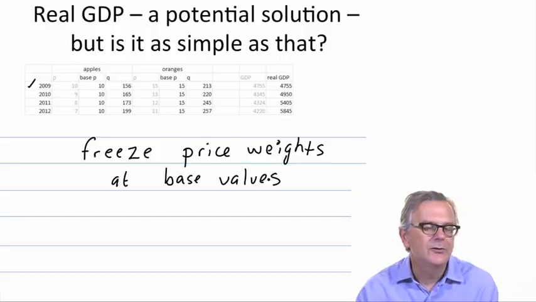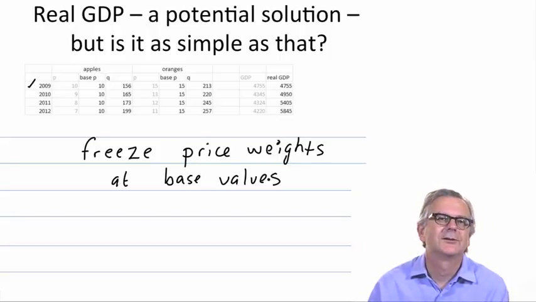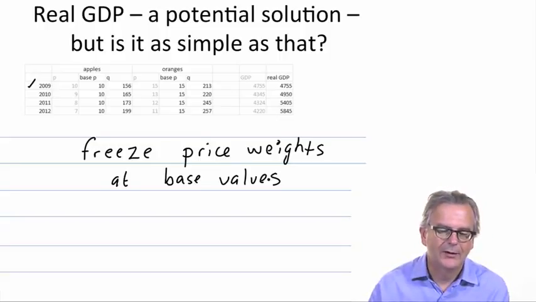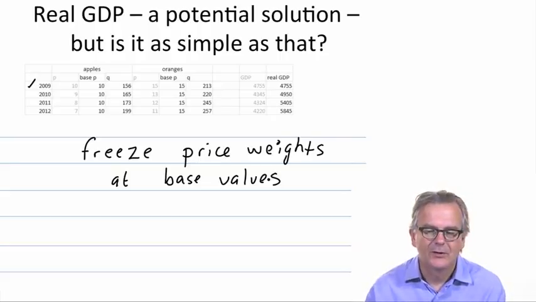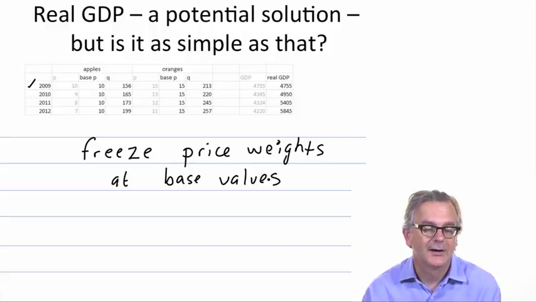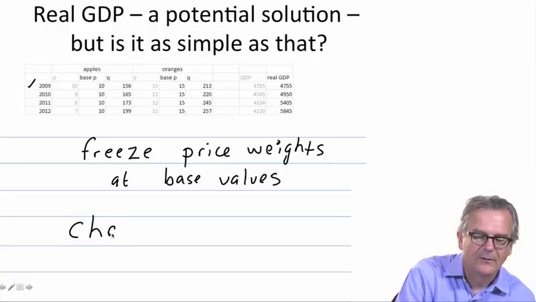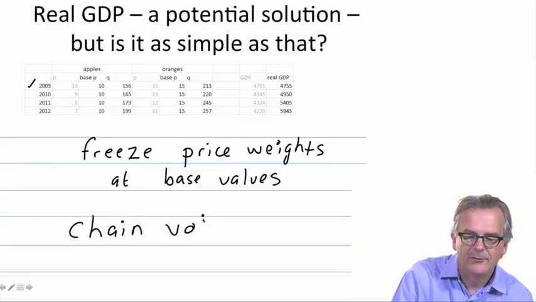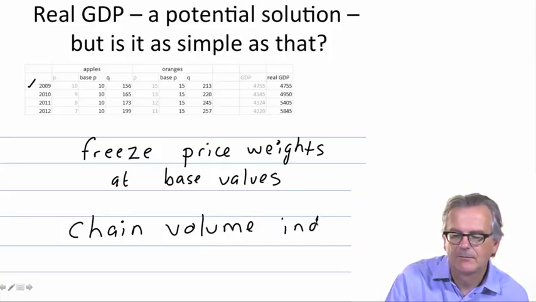Now, there is a solution to this, and I don't want to go into detail because the calculation is actually quite complicated. But if you were to look up the real GDP figures in your National Statistical Agency's databases, you'll find probably a reference to what's called a chain volume index.